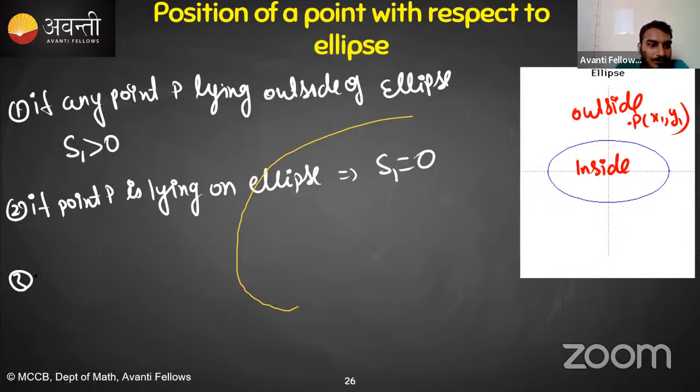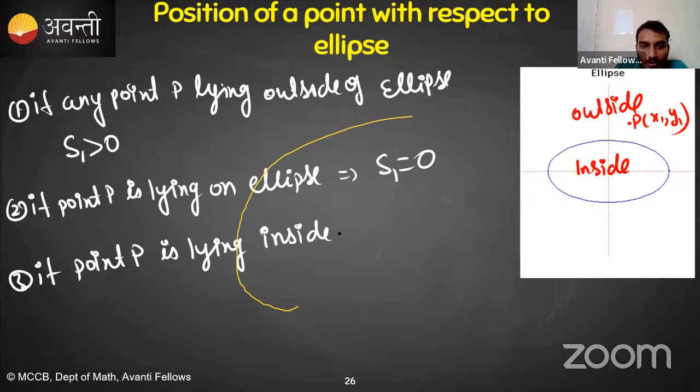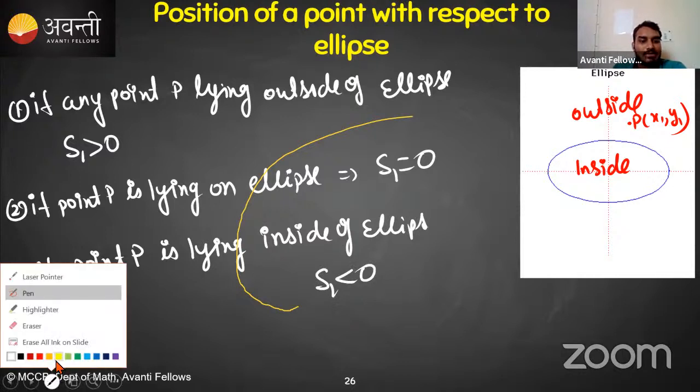Third point is if point P is lying inside ellipse, means this region. Okay, this region, inside region. In that case, S1 is less than 0. Yes or no? S1 is less than 0.